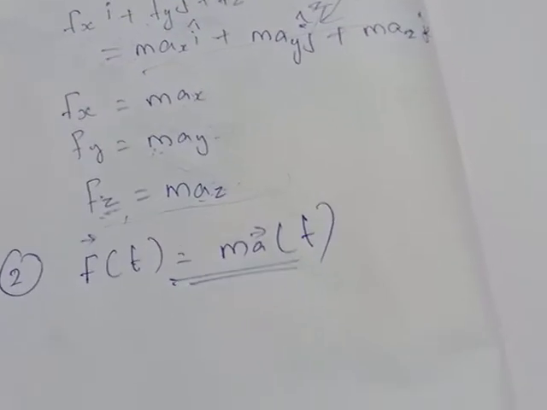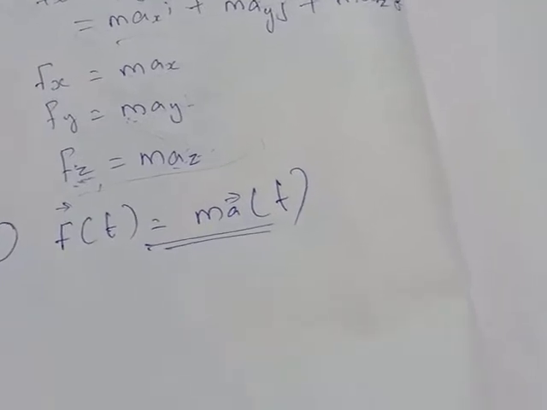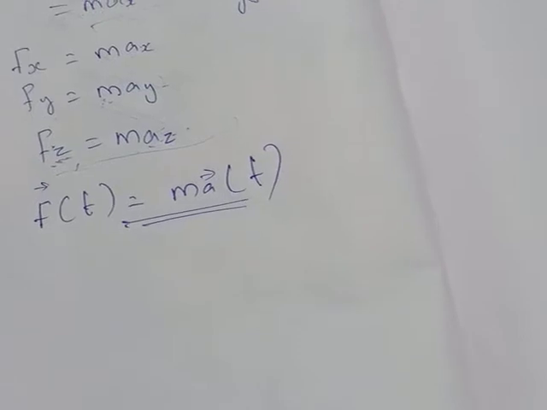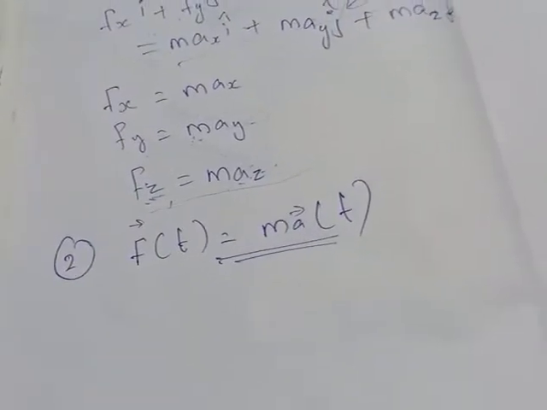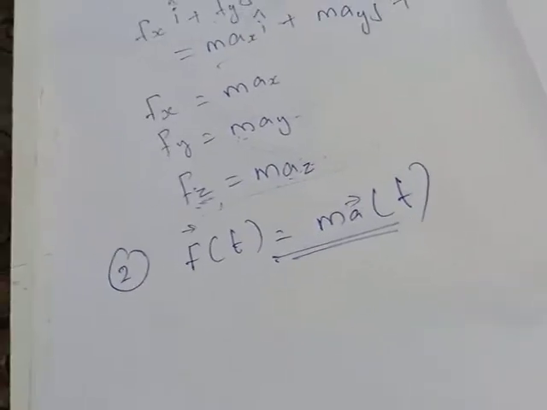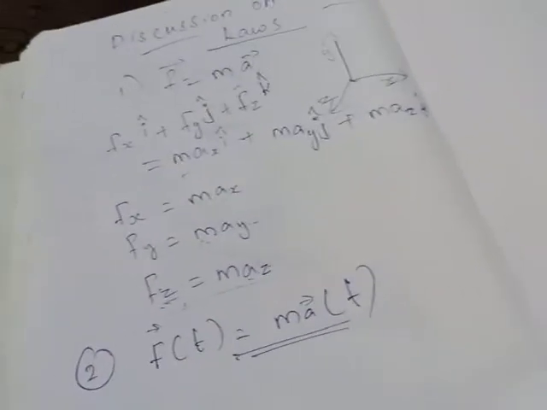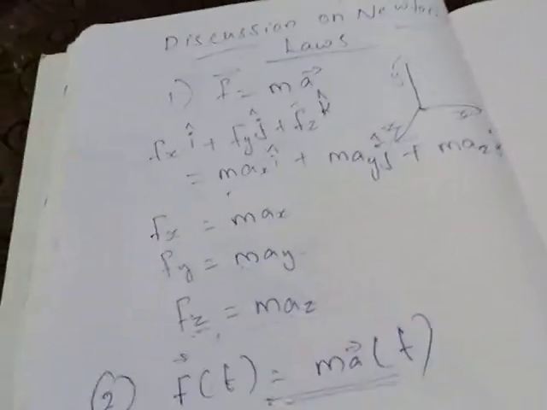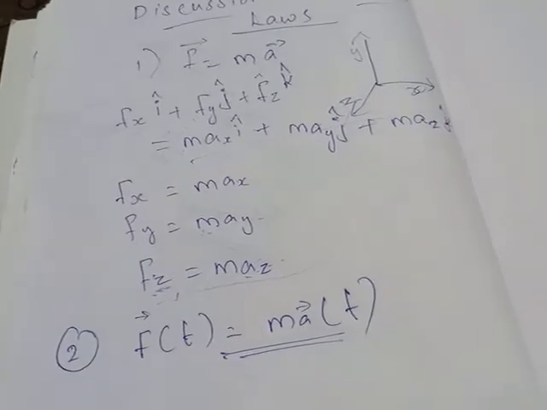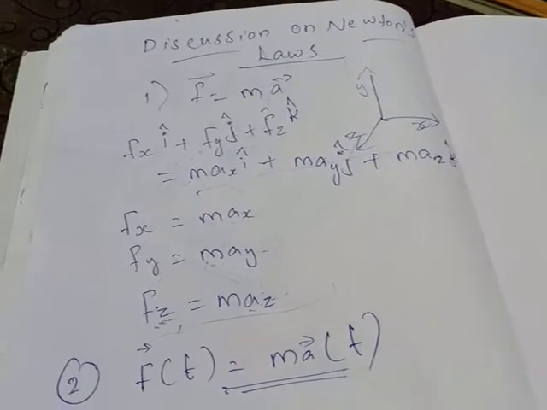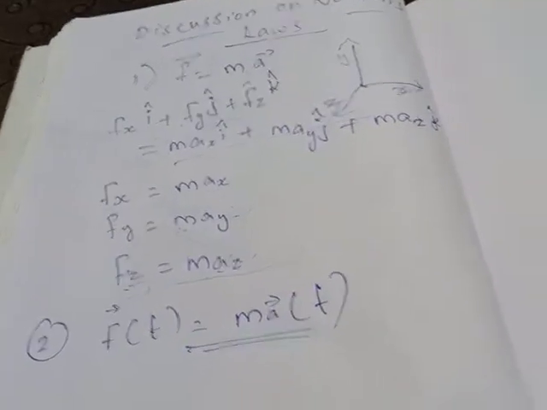It is saying that the acceleration of the object does not depend upon the previous history of the force. The acceleration on that object does not depend upon the previous time. At that instant of time, the acceleration depends upon the force at that instant. That is the second point.